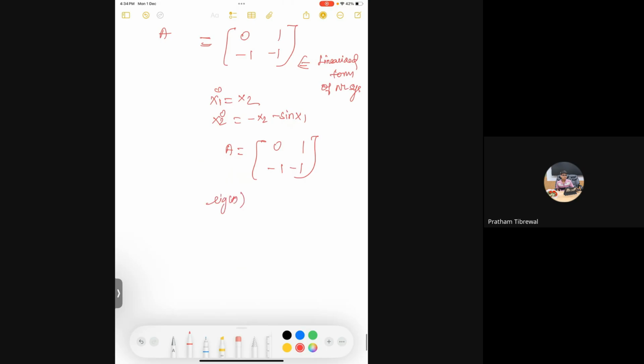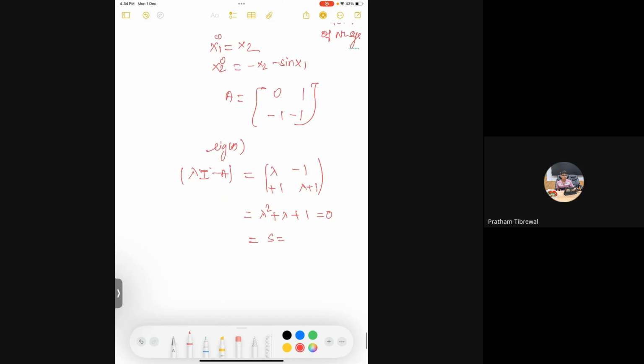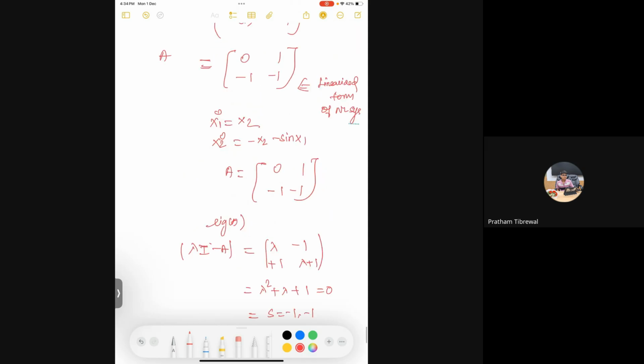Eigenvalue of A. So quickly I will do it and see whether the system is stable around this point. This will be lambda square plus lambda plus 1 equal to 0. It will be a stable system.